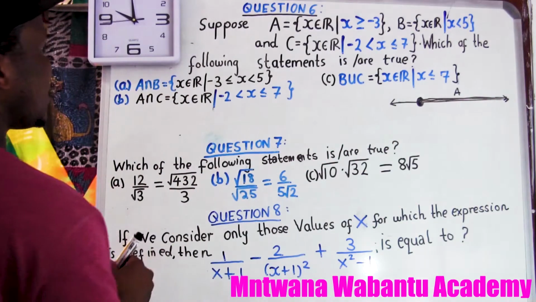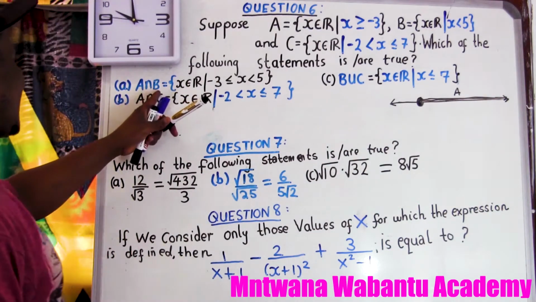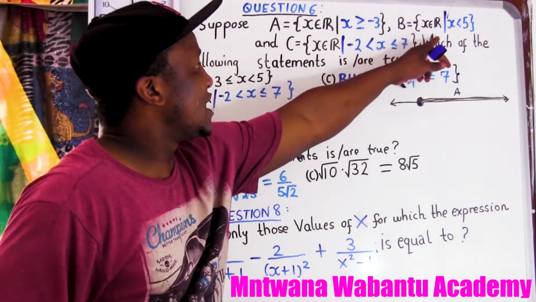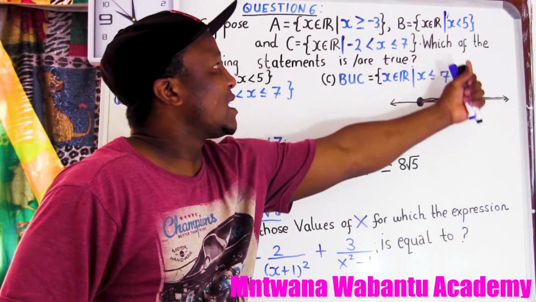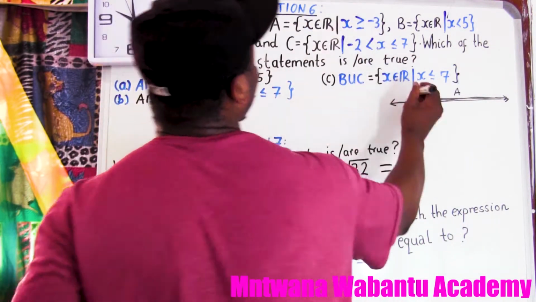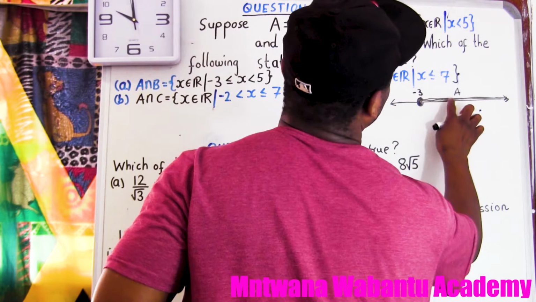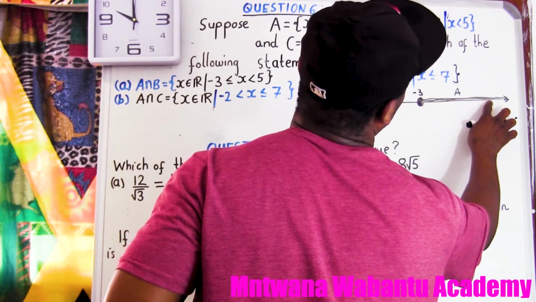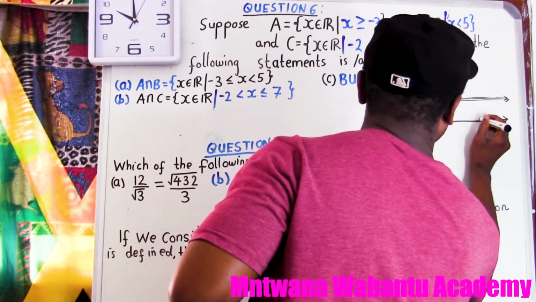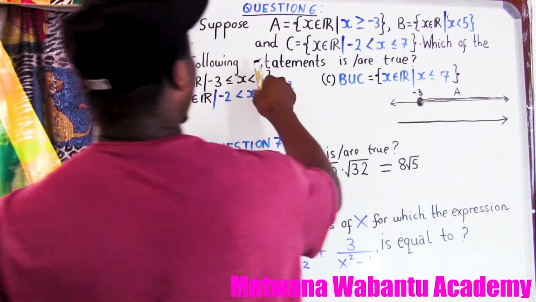Now we go for B. A intersection B. What is our B? Our B starts from 5 and then goes back all the way. Let's say this is 0, 1, 2, 3, 4, 5. Let's say 5 is here. So let's draw another number line, and this is 5. Is it including or excluding?